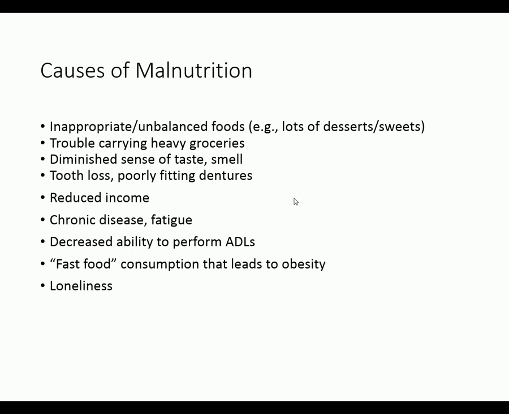Like I said before, you need to teach the patient that an overuse of over-the-counter drugs and supplements can decrease their appetite. It can affect their food tolerance and absorption, and it can cause constipation.